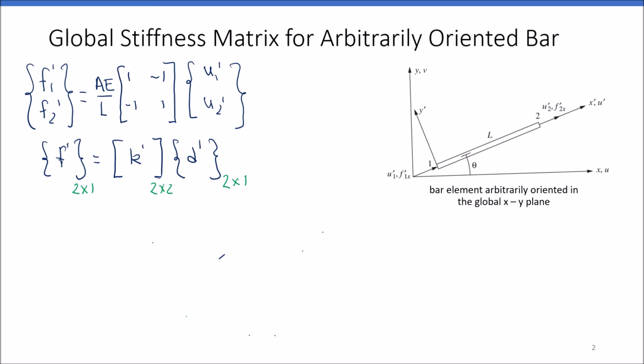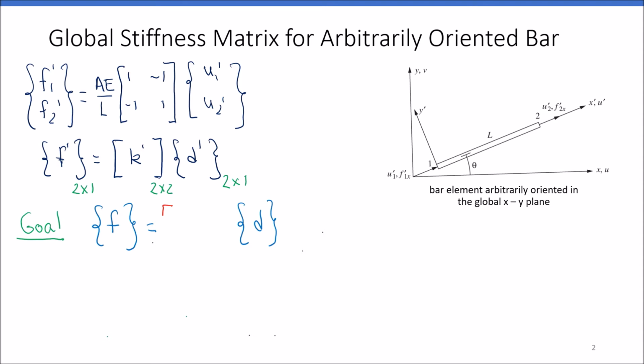Now, our goal today is to be able to develop the element stiffness equations with respect to the global coordinates. So our goal is to be able to express the forces, which I'm writing here as F, as they relate to the nodal displacements with respect to the global coordinates.